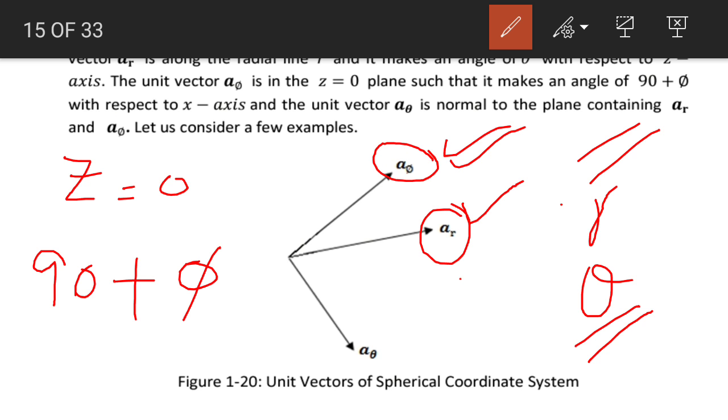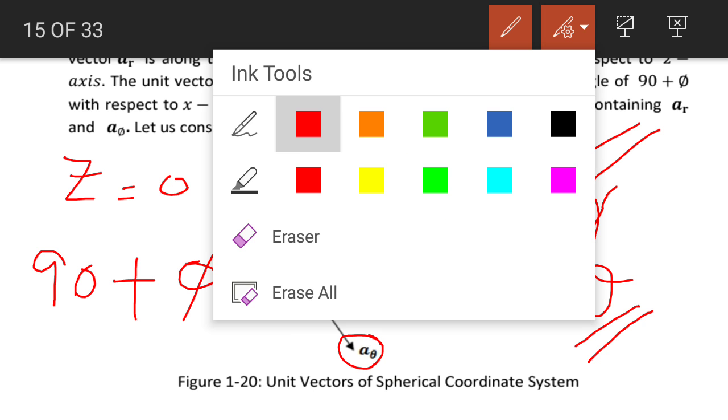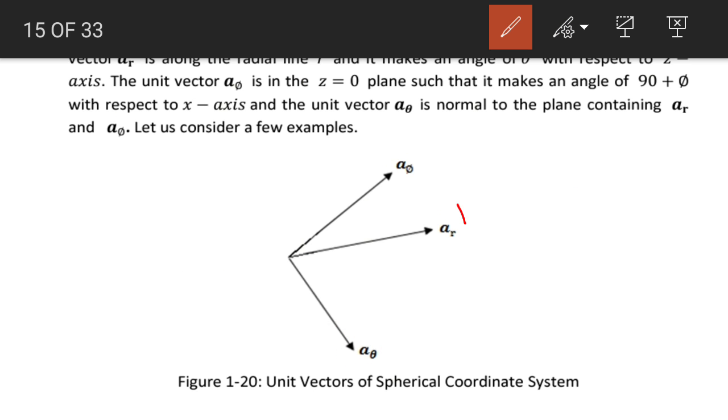This unit vector will make an angle of 90 plus phi with respect to the x-axis, and then the third unit vector a_theta will be normal to the plane containing a_r and a_phi. So this unit vector will be normal to the plane of these two unit vectors. So these three unit vectors are normal to one another.